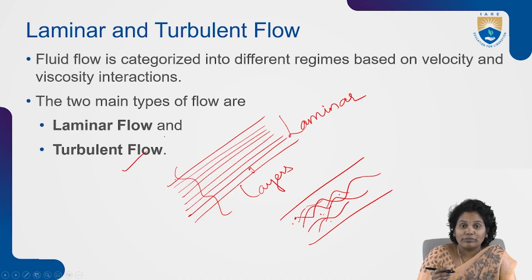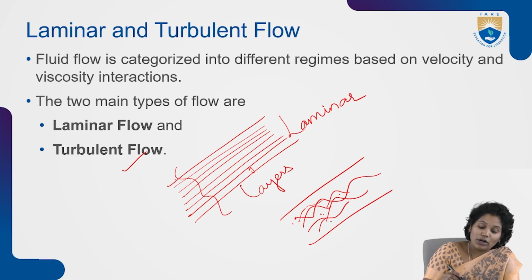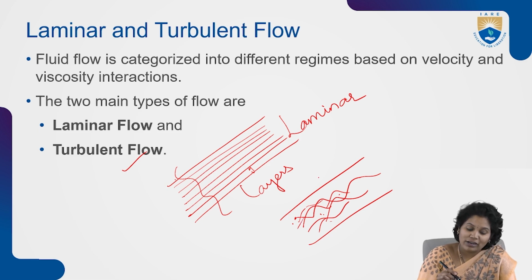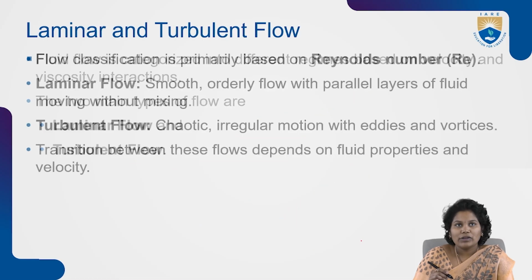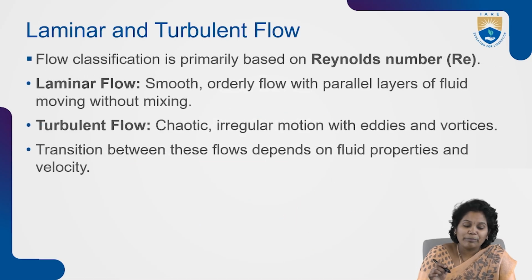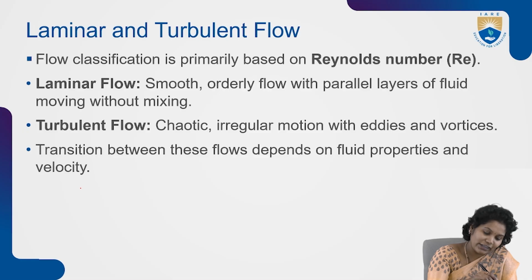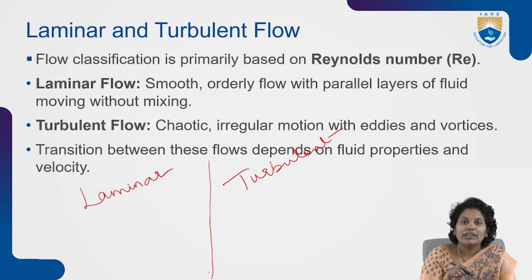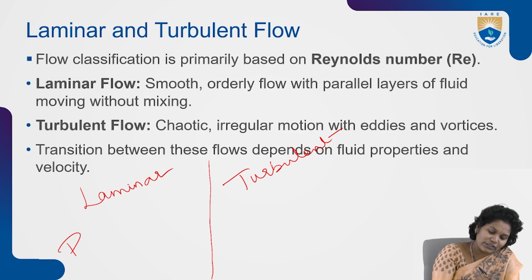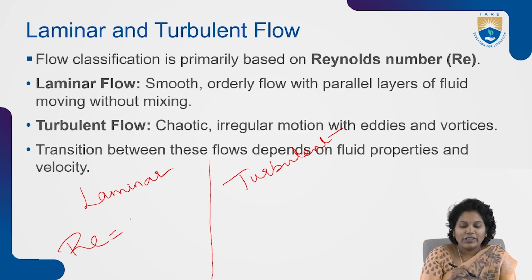What parameters make a flow zigzag? How do the particles move in a straight line in laminar flow? Let us say this is turbulent flow. So the main differentiating factor for laminar and turbulent flows is the Reynolds number.